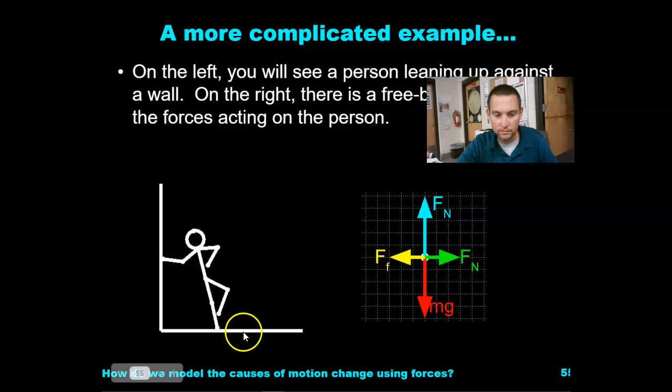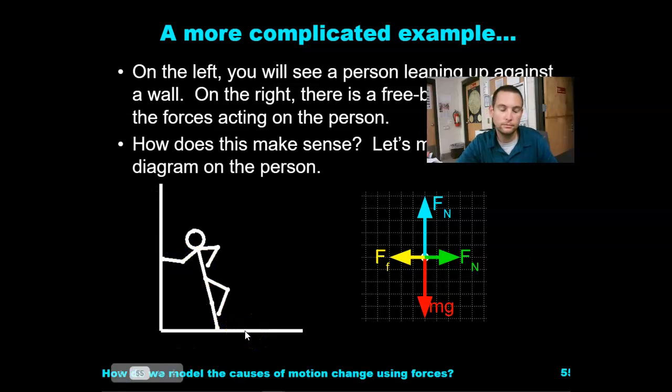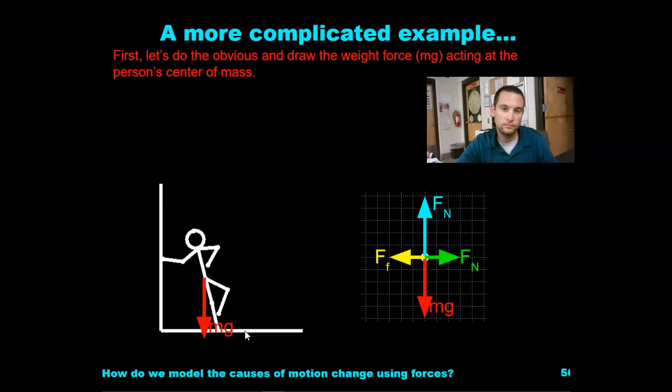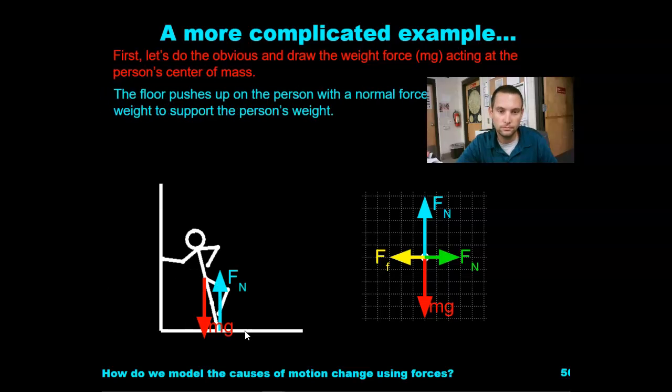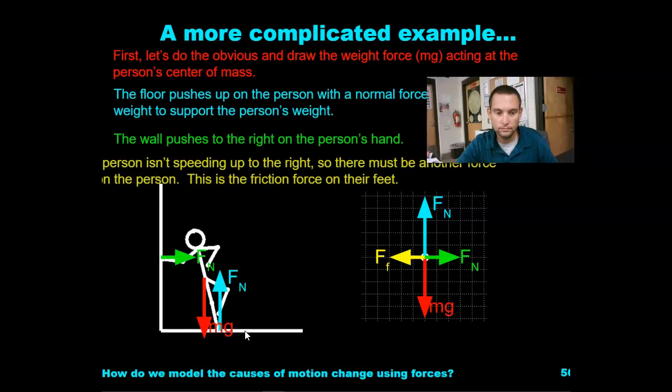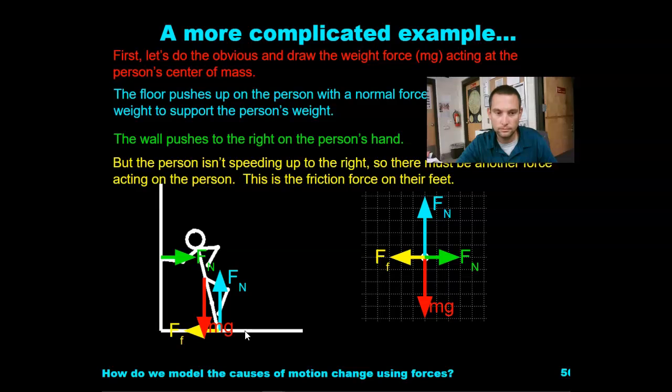Then we have the weight. The frictional force is by far the hardest one to see here. But without friction, this person's going to slip. It's going to fly away.